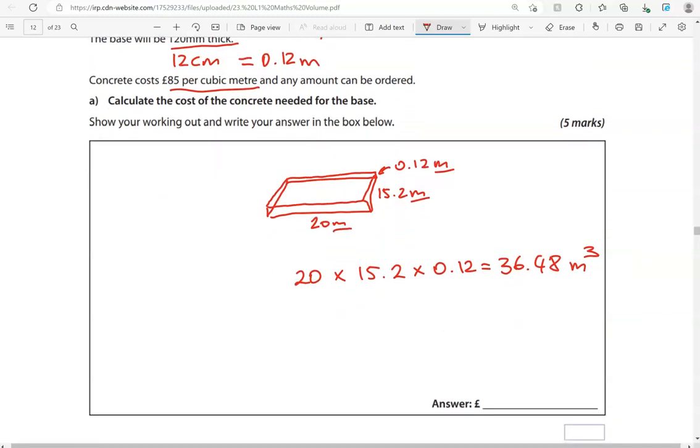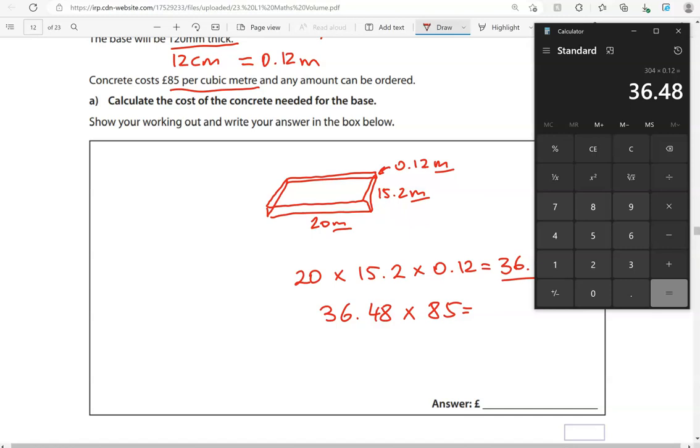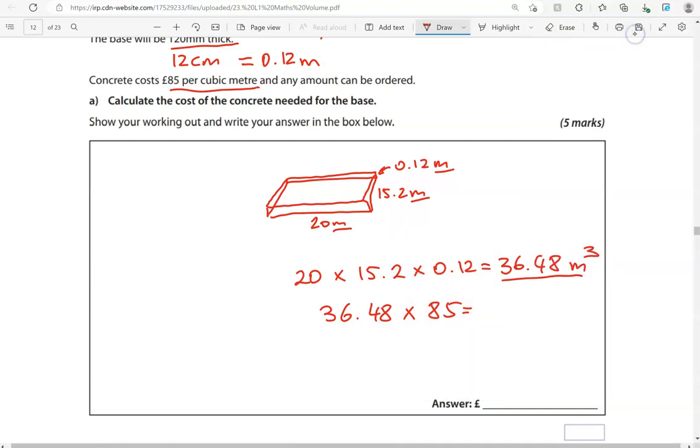So I'm just going to use 36.48 that we got here, multiplied by 85, which is 3100.8. So as this is money, I'm going to write £3,100 and 80 pence.